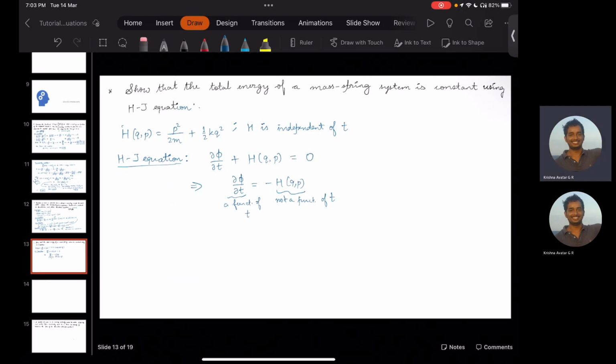So for both these quantities to hold equal always, this has to be equal to some constant, minus alpha. Now I just choose the last two, this equivalence here. So this implies that h(q, p) is equal to some constant alpha.